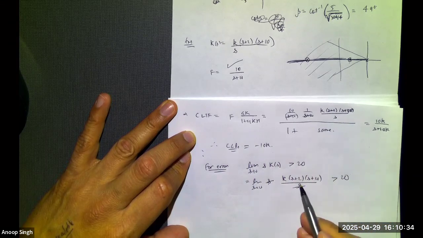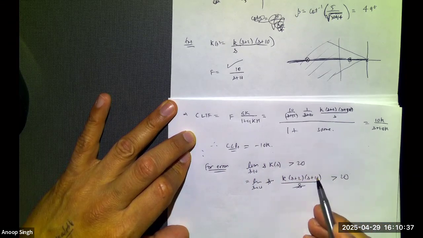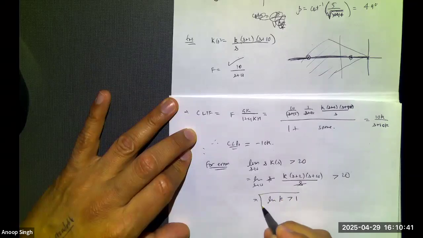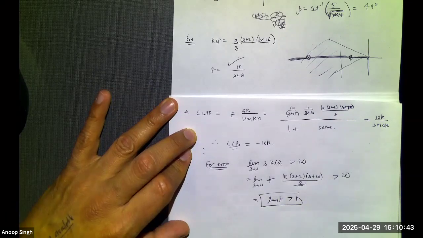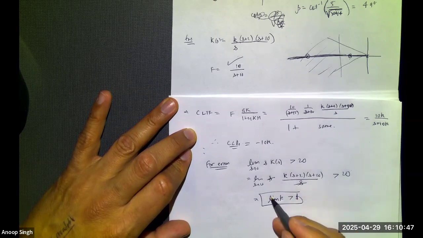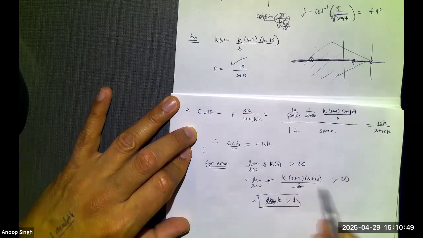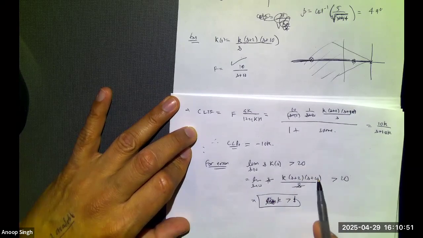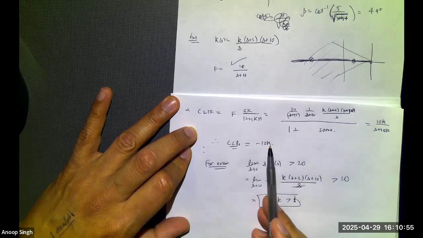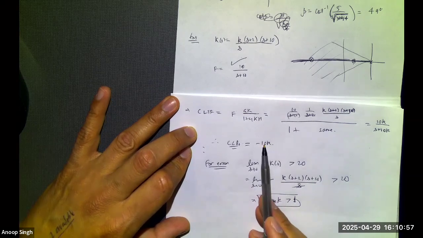The s cancels. This becomes 2, this becomes 10, and they add up to 20. So I want K to be larger than 1. That's what I want from my error calculation. If you put K equal to 1, the closed loop pole is at minus 10.